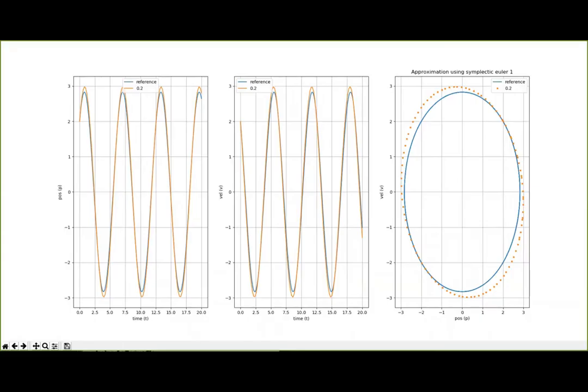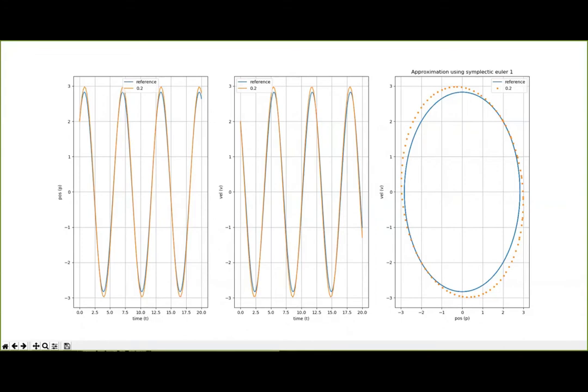Let's see how the symplectic Euler method performs in practice. We have the same harmonic oscillator model problem as before. We start at position 2 and with velocity 2 and consider the time interval from 0 up to 20. The frequency parameter again equals 1. The blue curve again is the reference solution, and the orange curve depicts the symplectic Euler method with a step size 0.2.